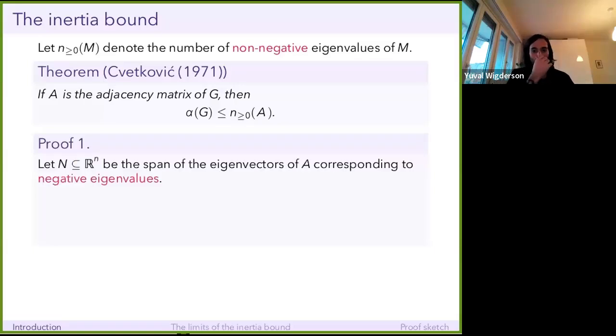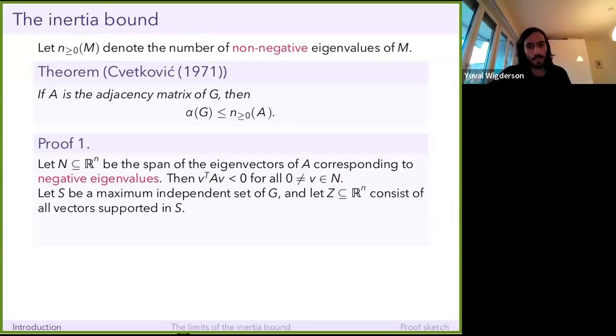It has a very short proof. Let N denote the span of all the eigenvectors of the adjacency matrix which correspond to negative eigenvalues. The simple observation is that if I take any non-zero vector in this space and I take this quadratic form, I'll get something negative because it's spanned by the negative eigenvectors.